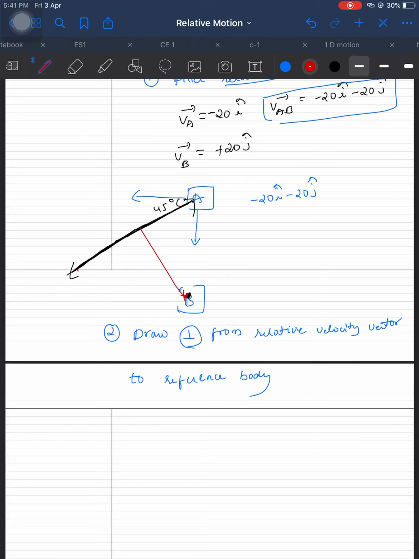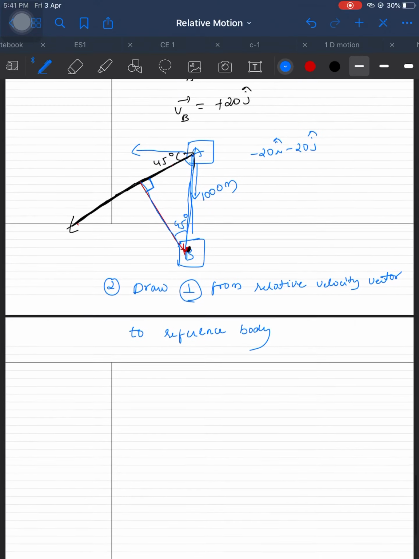Now let's solve this problem. This is the minimum distance between them, which I have overcoated with red ink. We have a distance of 1000 meters, and here will be an angle of 45 degrees.